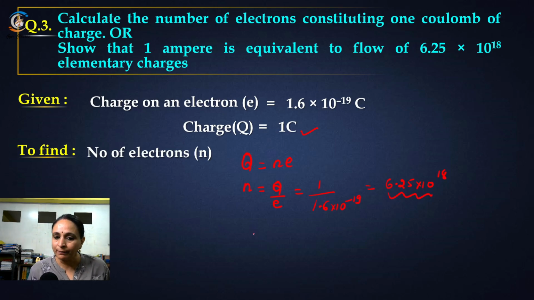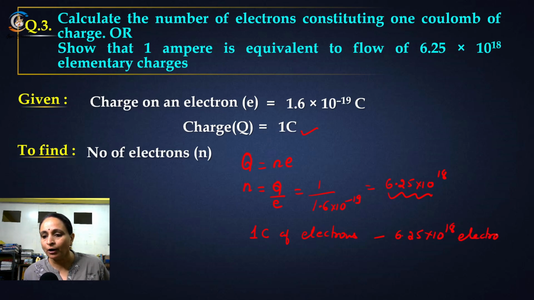We have already done this earlier. 1 coulomb of electrons means how many electrons are there? 6.25 into 10 to the power of 18 electrons. It is a very big number. And this is your answer.